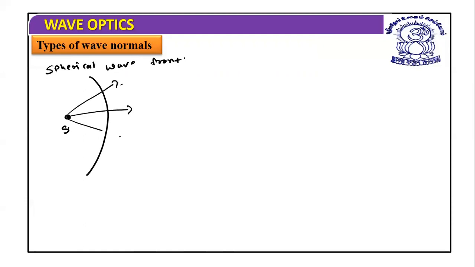Then these are the normals at wavefronts. So the wave normal is radially outward.